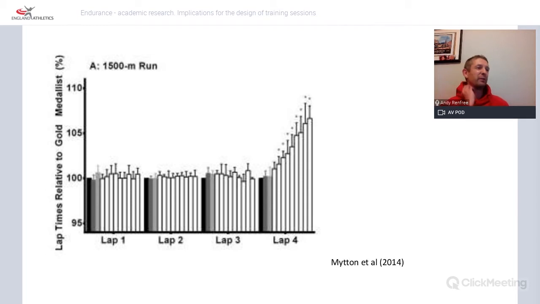This is an analysis of major championship 1500 meter races by Graham Mitten and colleagues, published in 2014. I think this was looking at European Championship finals, and it involved video analysis of 1500 meter races, and this presents the lap times relative to the eventual winner's lap times. The eventual winner is highlighted by the black bars.